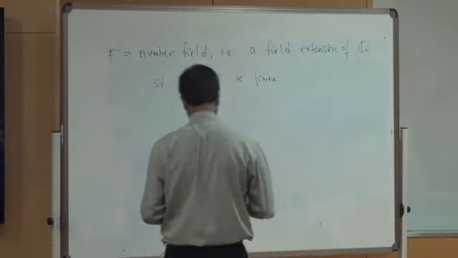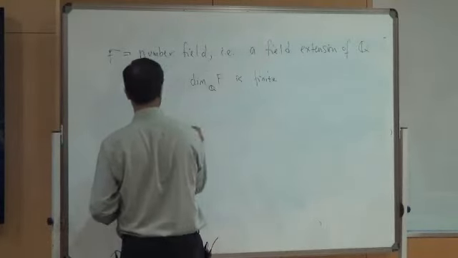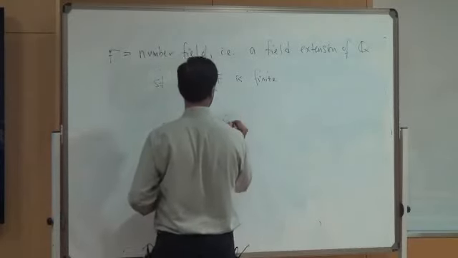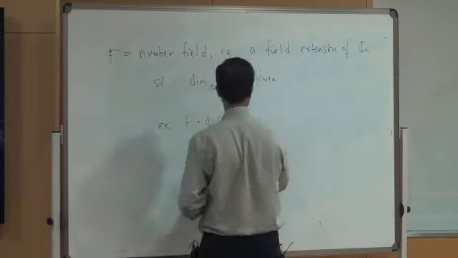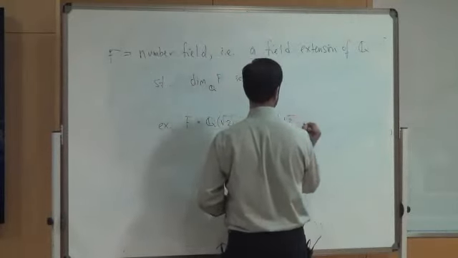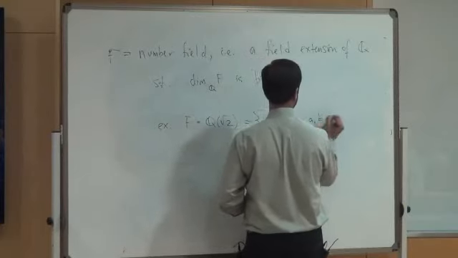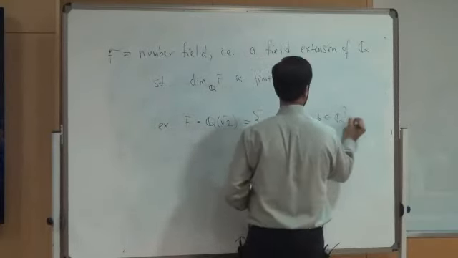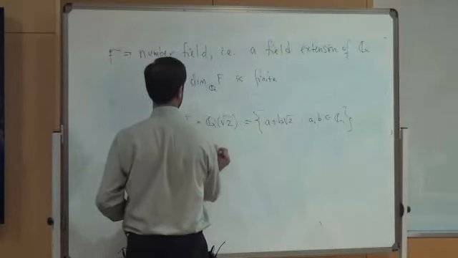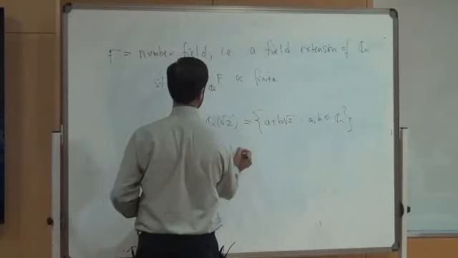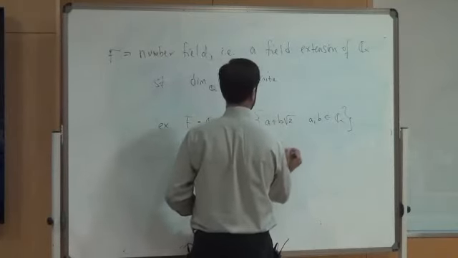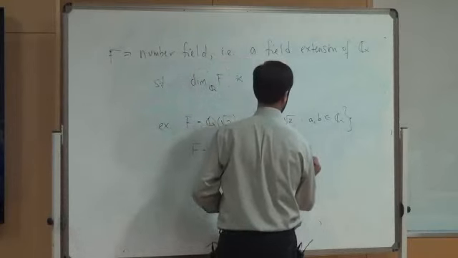Just to give two examples that maybe I'll come back to, to put ourselves on firm footing, think of Q adjoining the square root of 2, which is just the set of sums a plus b root 2, where a and b are rational. Or you could think of the rational complex numbers Q adjoin i, which are the set of a plus bi, where a and b are rational.